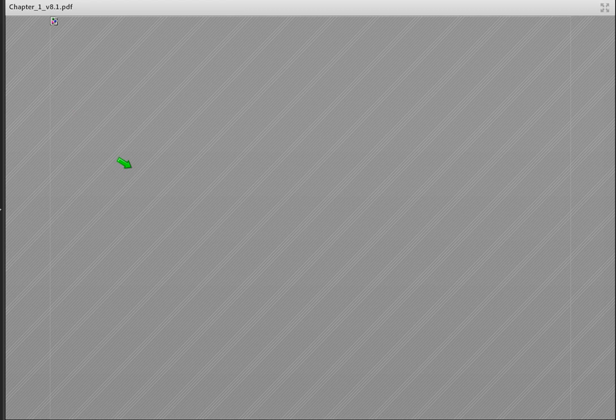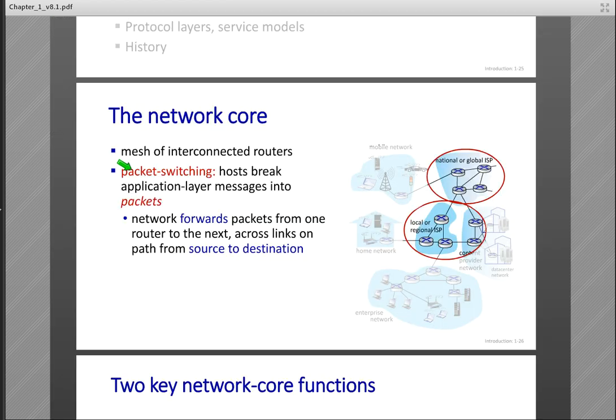But what is packet switching? In packet switching, when we try to send data, firstly, we divide messages into packets. The network's role is sending those packets one by one from the source to the destination.